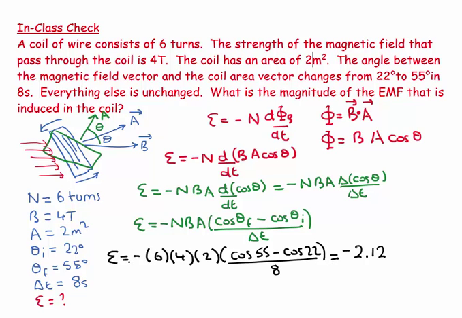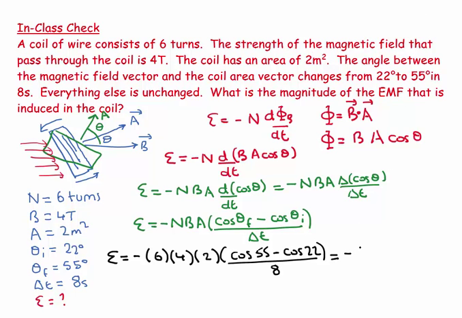Now, the answer to that is minus 2.12. I got that minus sign in front. I want to rewrite this, because I like to have all my steps visual, available to me when I check.